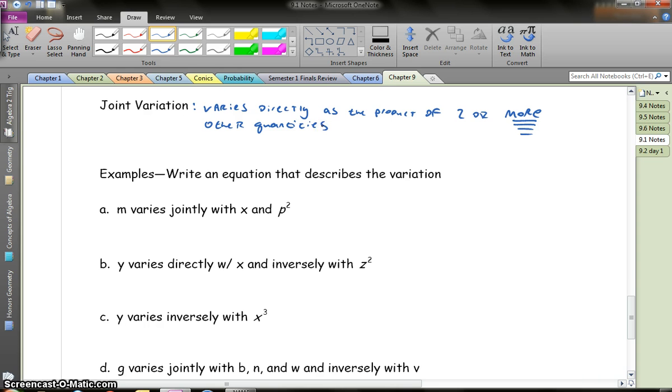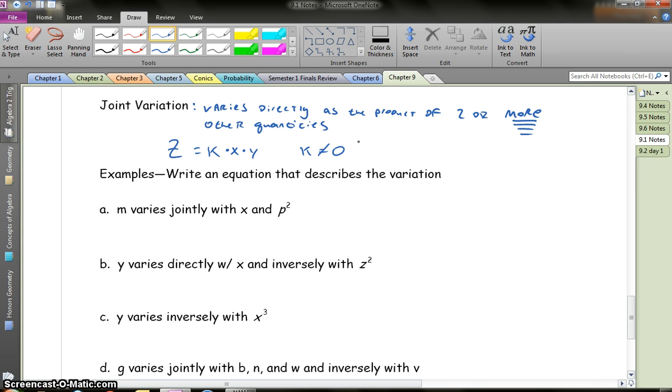So we say it's a direct variation if we're only dealing with x and y, but when we have more than x and y, two or more, then we're talking about joint variation. So here we say z equals k times x times y, where k is not equal to 0. So that's a joint variation.